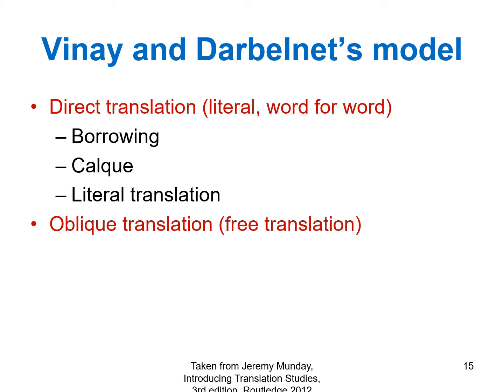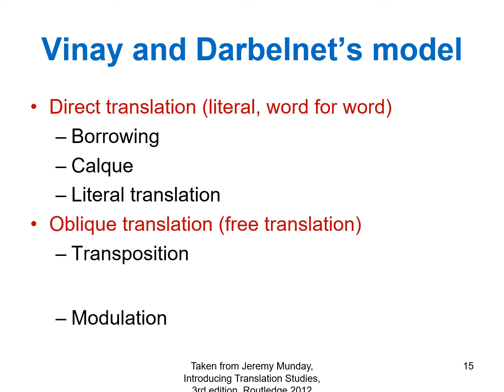We are not talking about an adaptation. We are talking about translation that would depart a little bit more from the source text in order to cater for the requirements of the target language. So this oblique translation would include a few additional procedures for Vinay and Darbelnet.